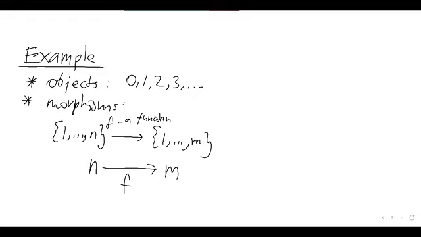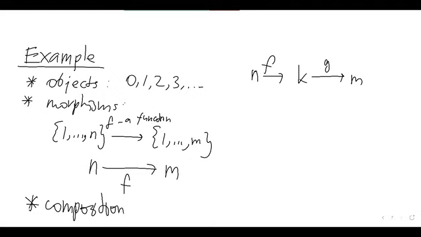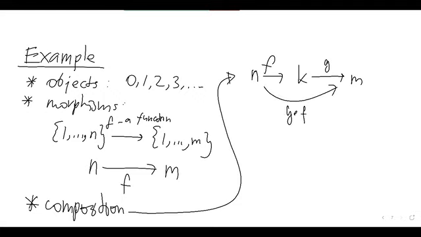What about composition of morphisms? Well, that's the usual composition of functions. So if I have a setup like this, this is the usual composite of functions, which as we know, is computed like this.